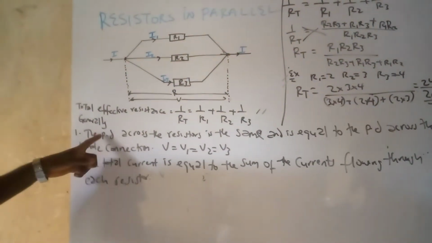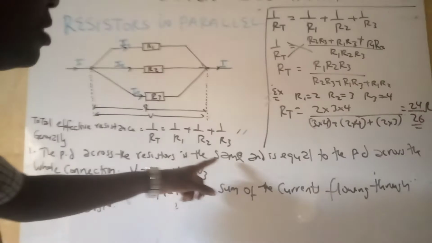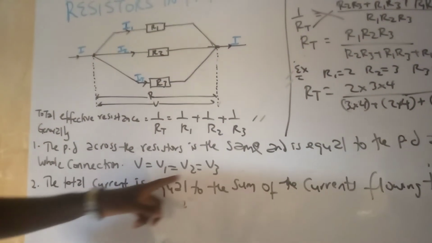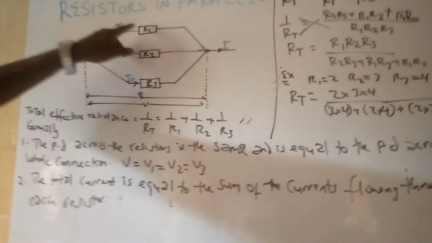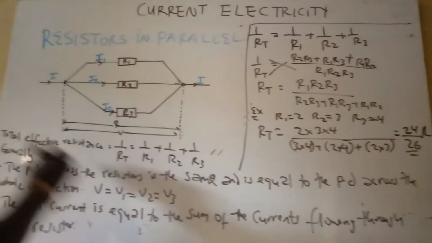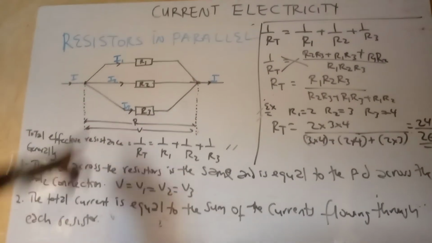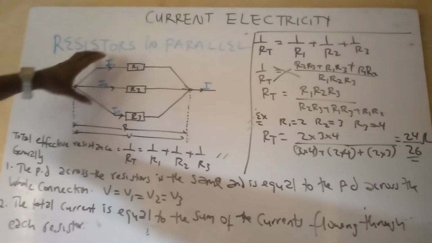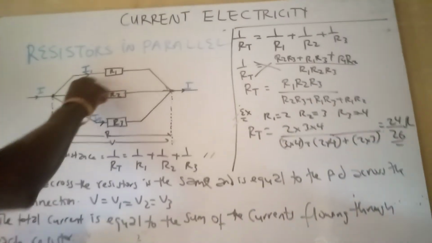Generally the PD across each resistor is the same and is equal to the PD across the whole connection. They have the same voltage because they are resistors in parallel. But the total current flowing through this connection is the sum of the currents flowing through each resistor.